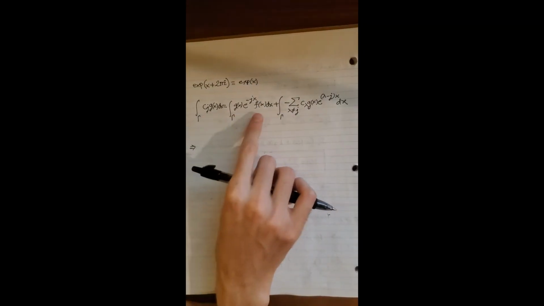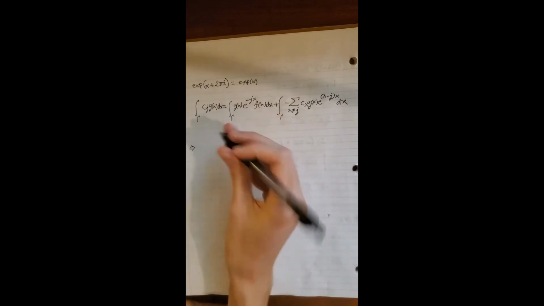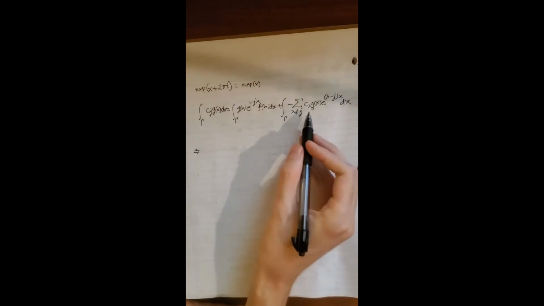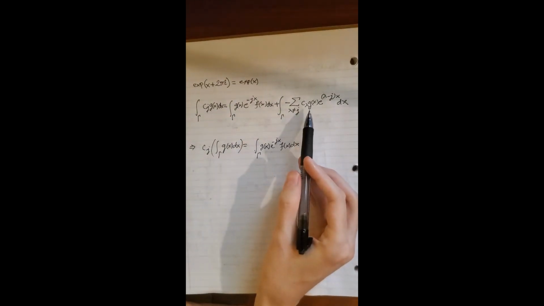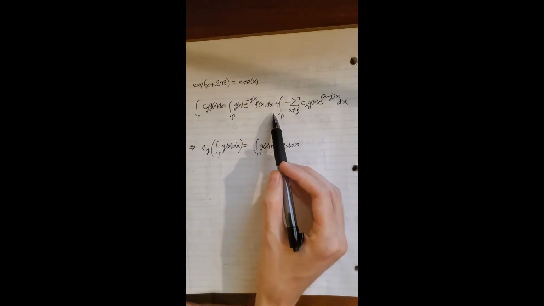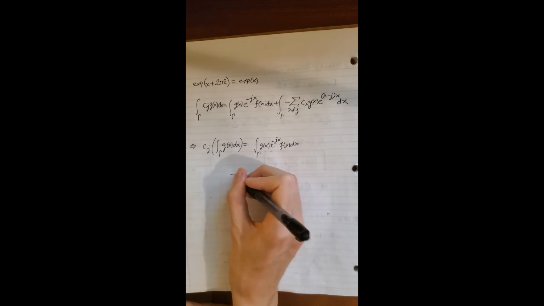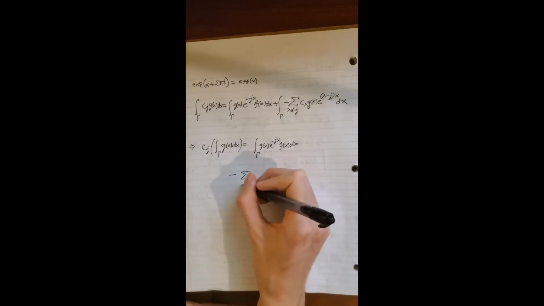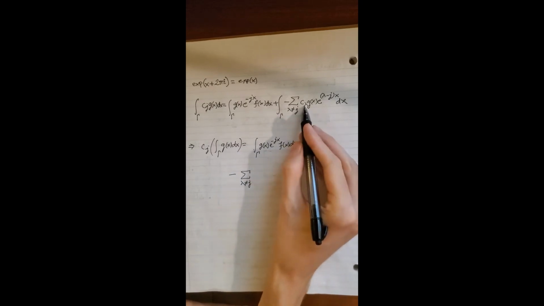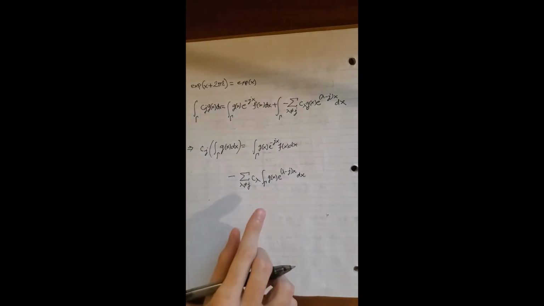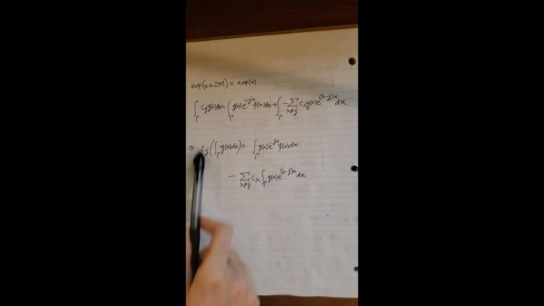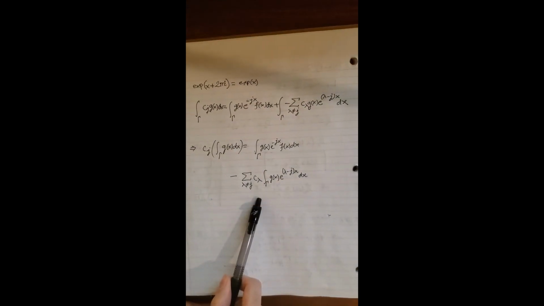So once we have this, we can just pull out c_j, but this part, we can pull out the sum from the integral and the minus sign. So it's going to be the sum over this, and we can also pull out the scalar. So it's going to be, okay. And we have this equation now, right?